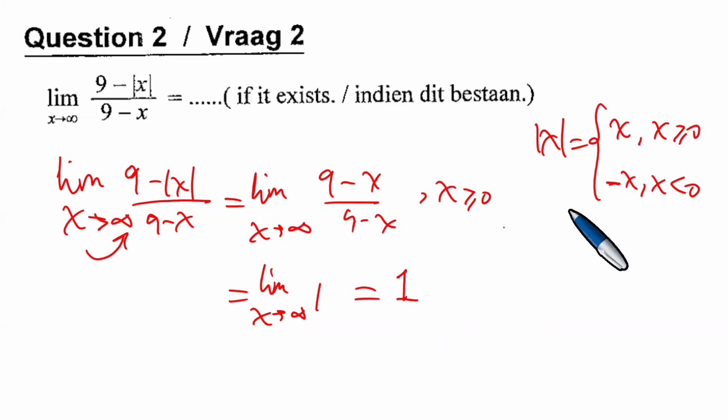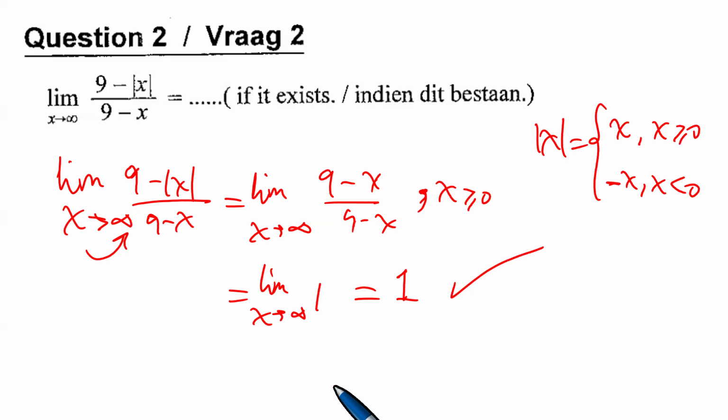So whenever x is greater or equal to 0, the absolute value becomes just x, and therefore 9 minus x divided by 9 minus x is a 1. And the limit of the 1 is exactly a 1. And that is the answer.